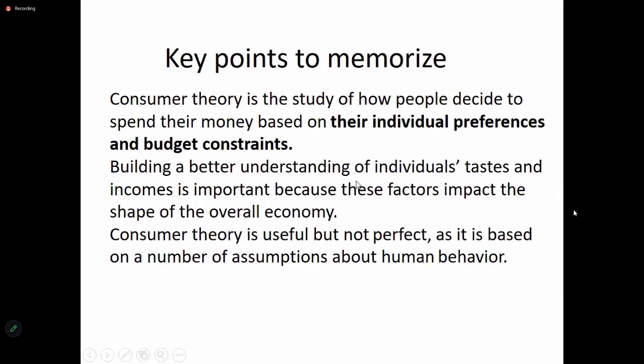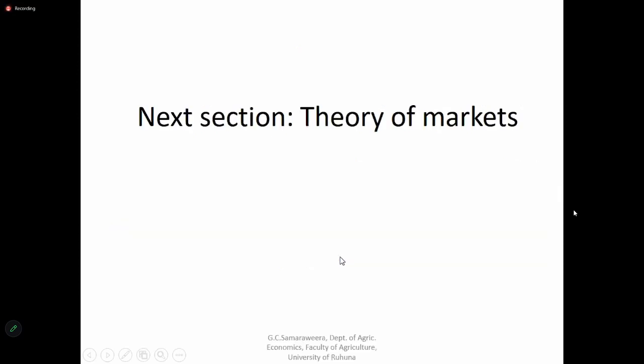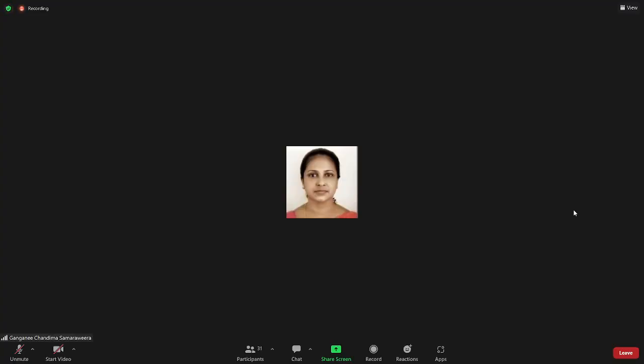Building a better understanding of individuals' tastes and income is important because these factors impact the shape of the overall economy. Consumer theory is useful but not perfect. Why? It is based on assumptions. Now we will see the theory of markets tomorrow, but meantime, please read and come up with questions. Hope you all at least understood slightly the message I need to emphasize.